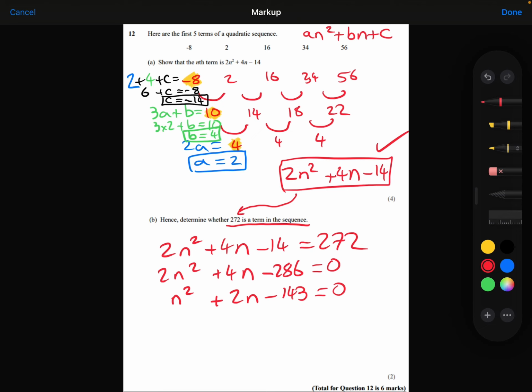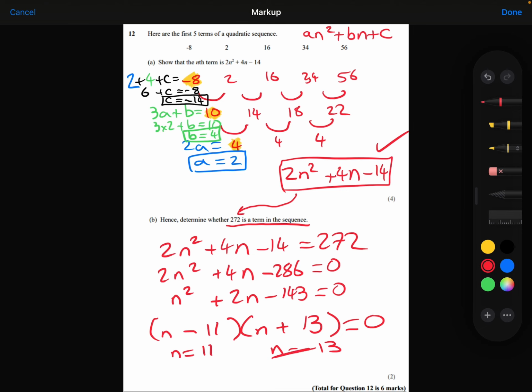Then we can factorise that, I think. Two numbers that multiply to make minus 143 and add to make 2. I think that's going to be minus 11 and 13. So n is either 11 or n is minus 13.